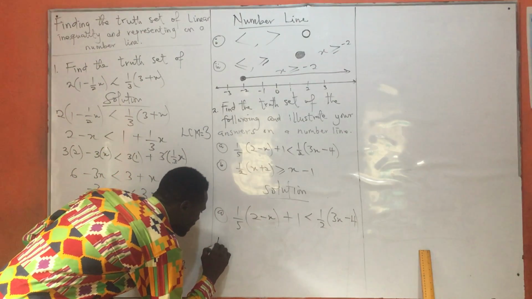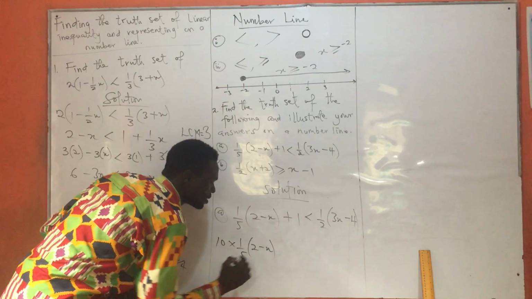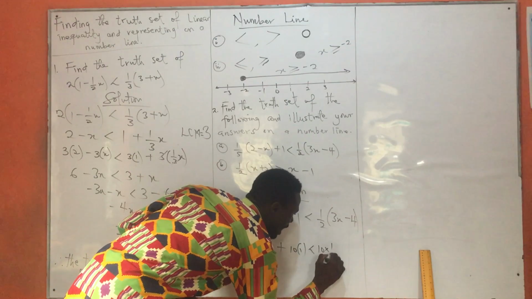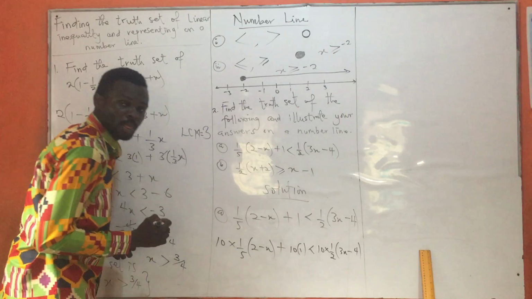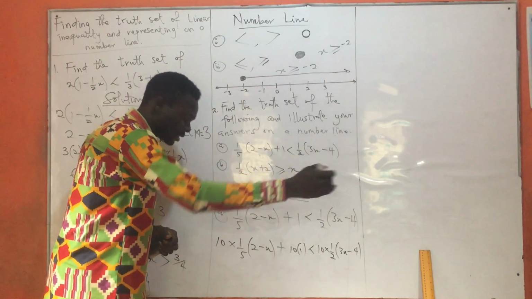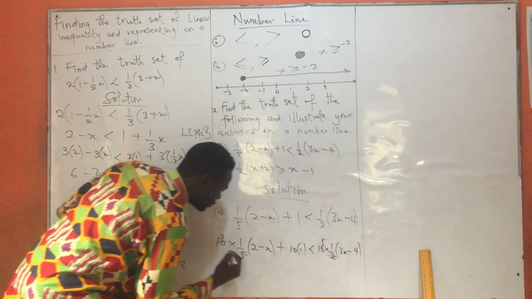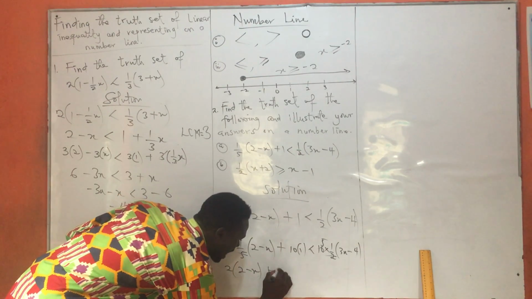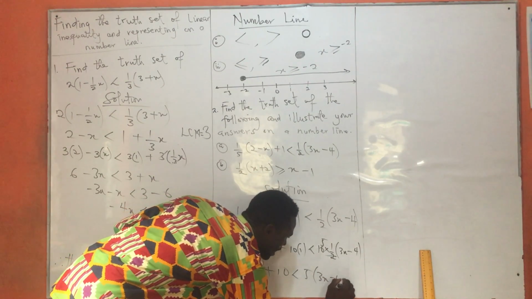So we say 10 times 1 over 5, bracket 2 minus x, plus 10 times 1, which is less than 10 times half bracket of 3x minus 4. Now that we have multiplied by the LCM, we can get rid of the fractions. Cancelling, we have 2 here, and 5 here. So we now have 2 brackets of 2 minus x plus 10 is less than 5 brackets of 3x minus 4.